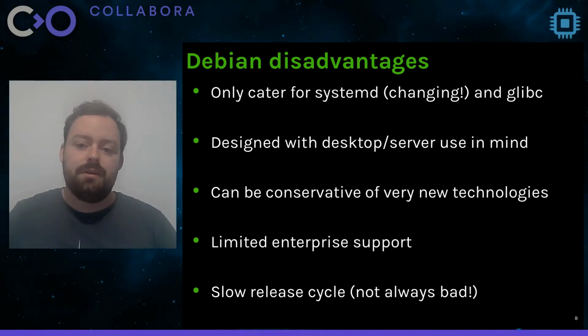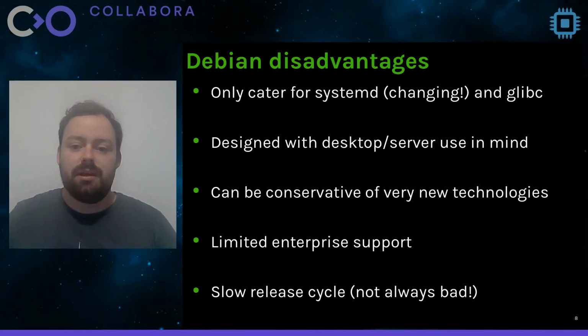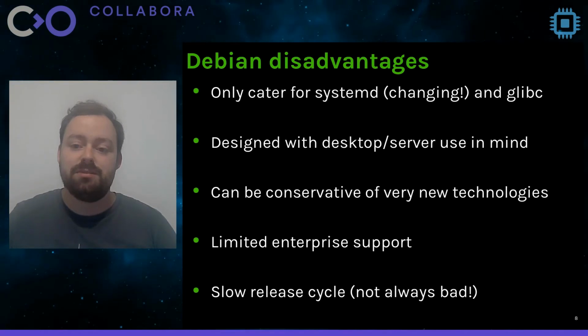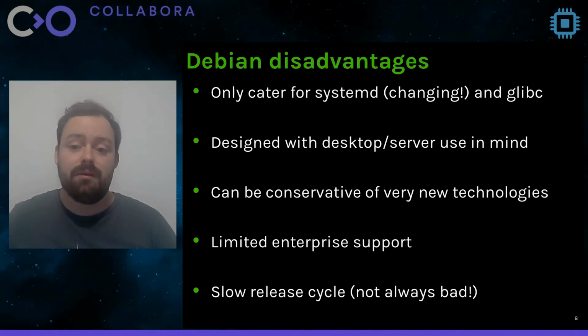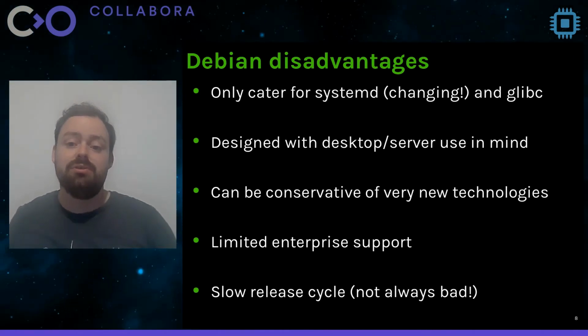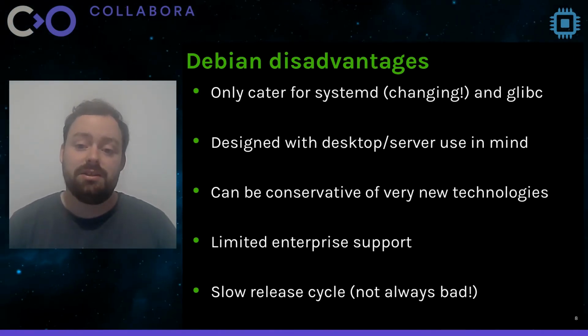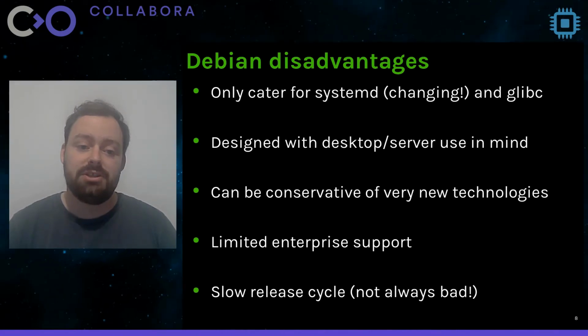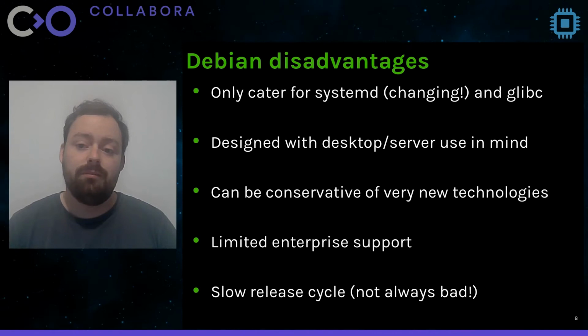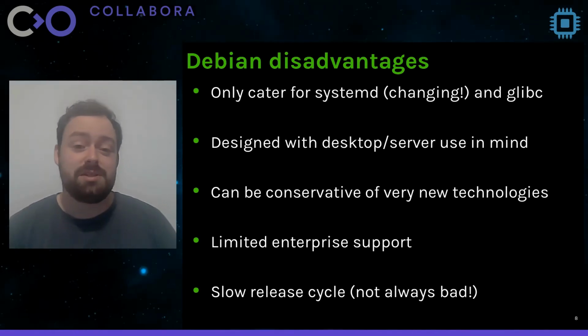So some disadvantages with Debian. Debian only caters for systemd. This is changing. There are some changes in force to allow for other system managers, but I don't see this as a big disadvantage personally.